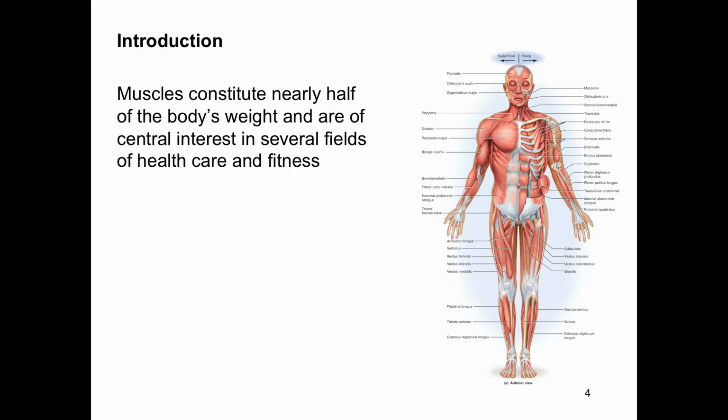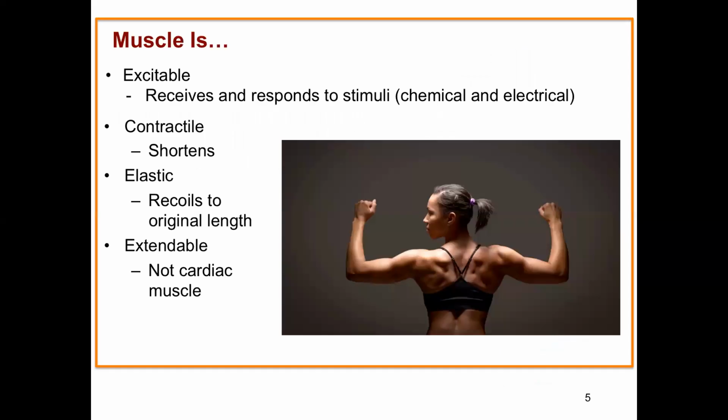All right. Now, there's a number of characteristics of muscle, and I want to go over those and address them individually. So, of course, muscle is what we call excitable. Sometimes you'll hear it referred to as irritable, which means that it's excitable. All right. And we're going to get into the physiology behind that in the next chapters, and it will move into the nervous system because it's the nervous system that makes muscle excitable.